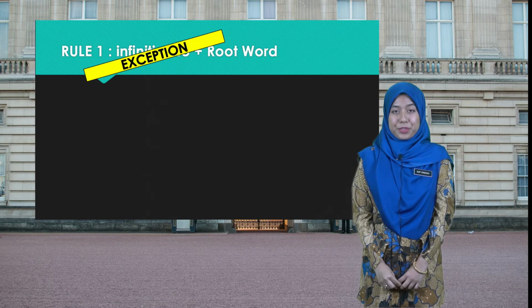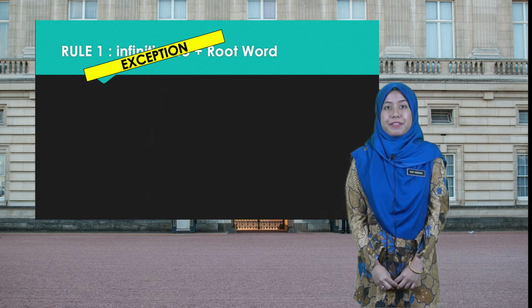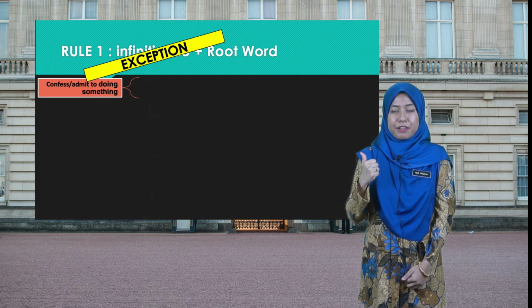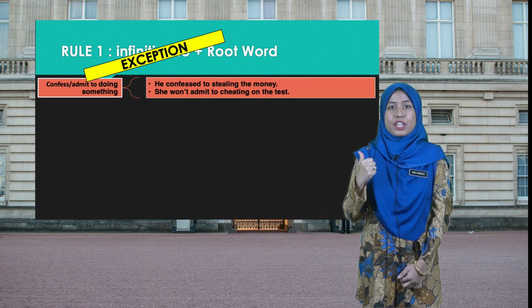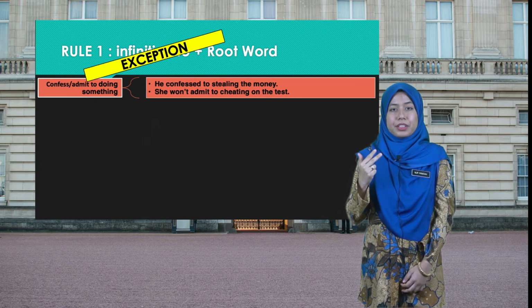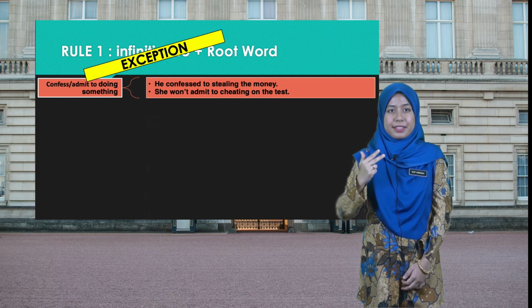Here are the exceptions to Rule 1. First, if it has confessed or admit to doing something. For example, he confessed to stealing the money. Second example, she would admit to cheating on the test.